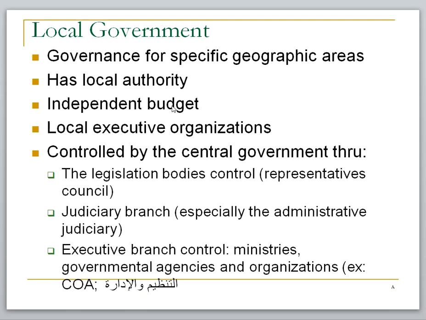According to our state, according to Egypt, local geographic areas have local authorities. They have independent budget, they have local executive organizations, and they have control by such central organizations and government. مفروض إنهم they have legislative bodies control, but this is not in Egypt actually.